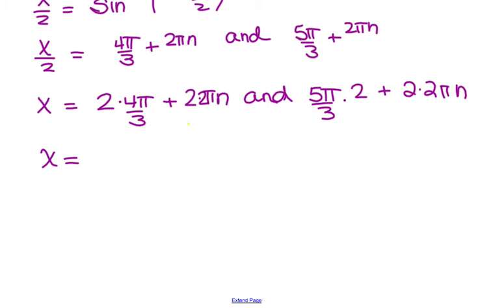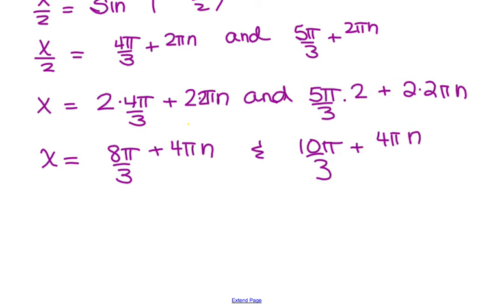All right, now we're going to go ahead and simplify. So we get 8 pi over 3 plus 4 pi n. And 10 pi over 3 plus 4 pi n.